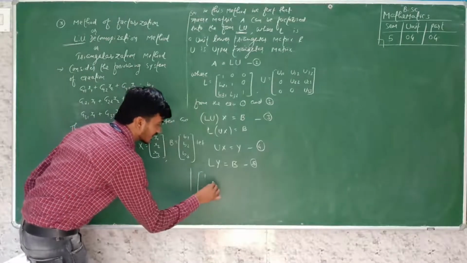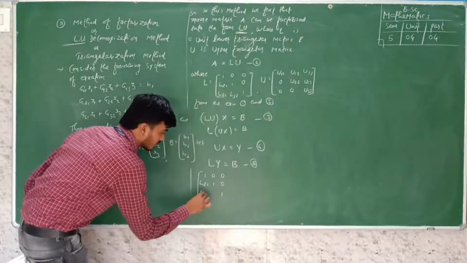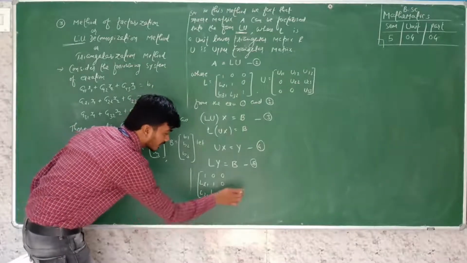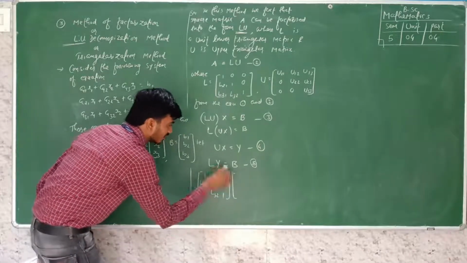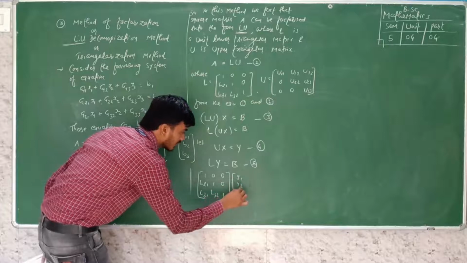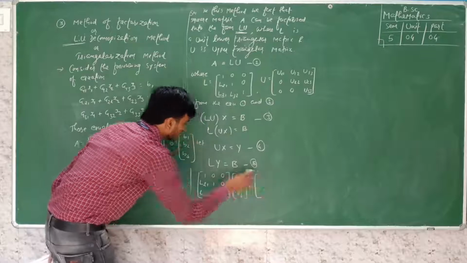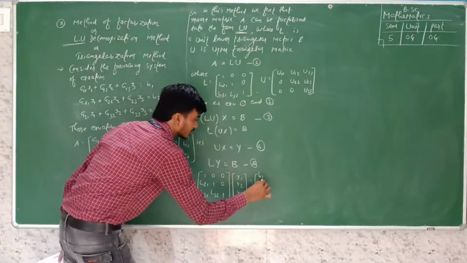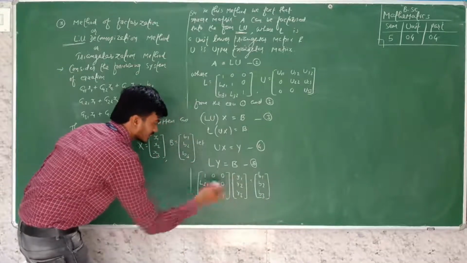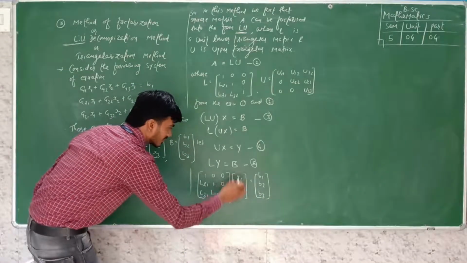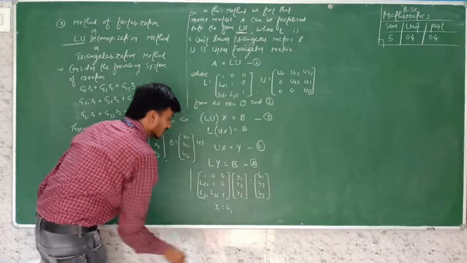So Ly is equal to b, where L is a unit lower triangular matrix, with 0, 0, 0 above the diagonal and L21, L31 and L32 elements. Into y, which we have assumed as y1, y2 and y3, is equal to b, that means b1, b2 and b3. Multiplying this, first row and first column, y1 is equal to b1.